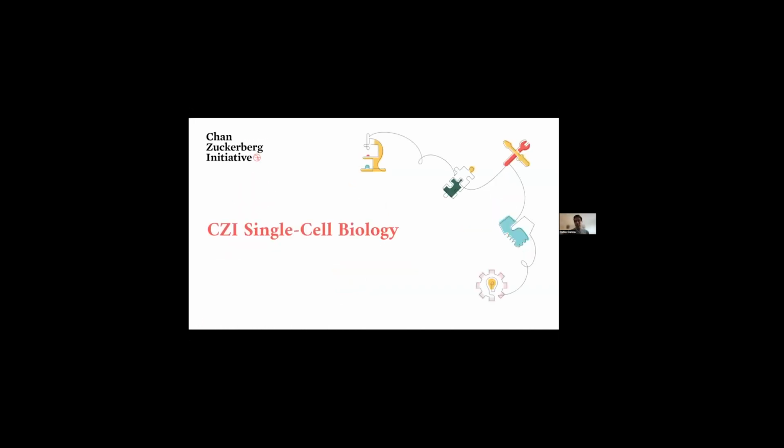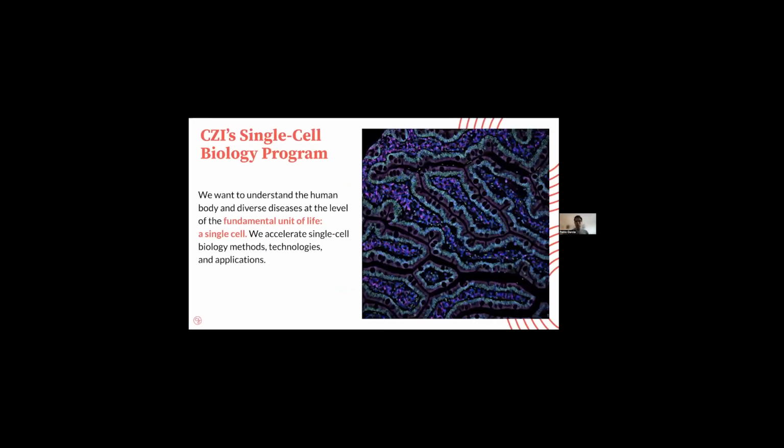Now, what we do in the single cell team. So talking about measuring biology in the single cell team, what we want to do is to understand the human body and diverse diseases at the level of the fundamental unit of life, which is the single cell. In other words, we want to be able to measure what's going on inside each individual cell of the human body.